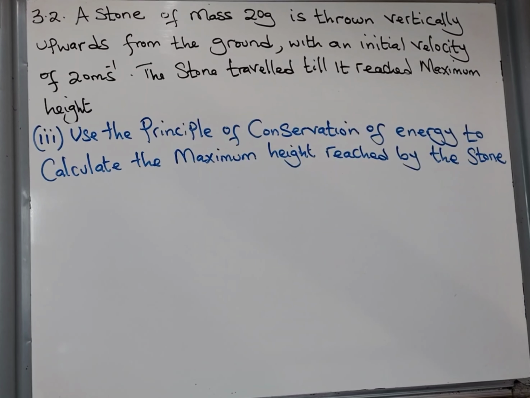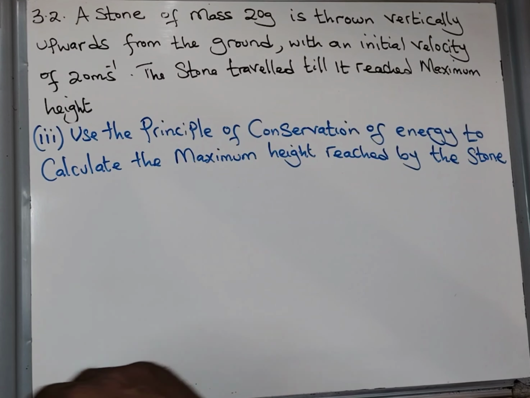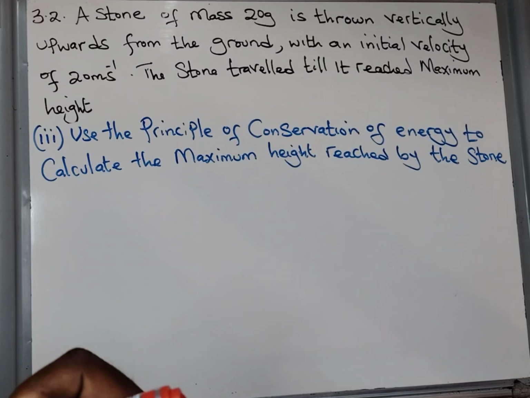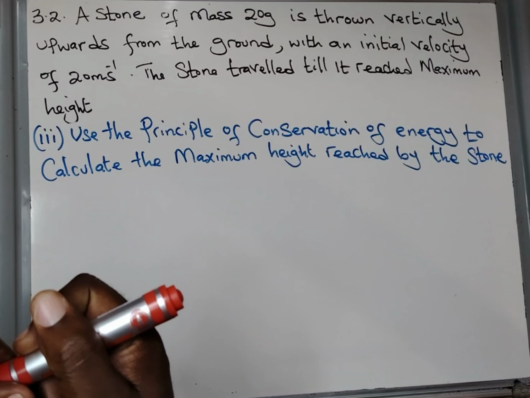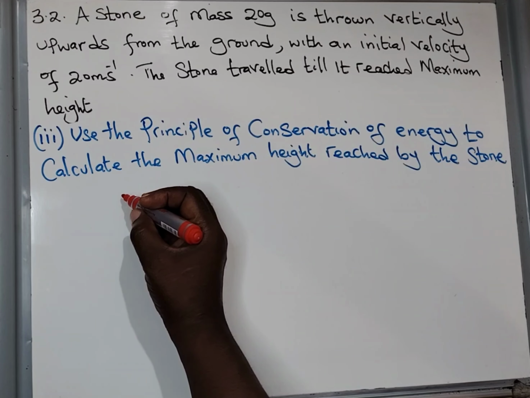So comes this question. It says that use the principle of conservation of energy to calculate maximum height reached by the stone. How do we go about this? So here, this is what we have to know.